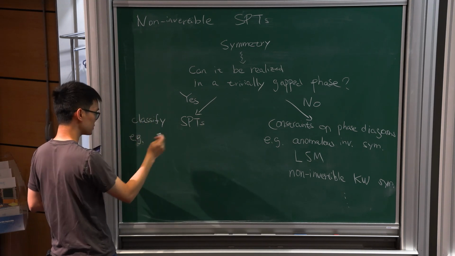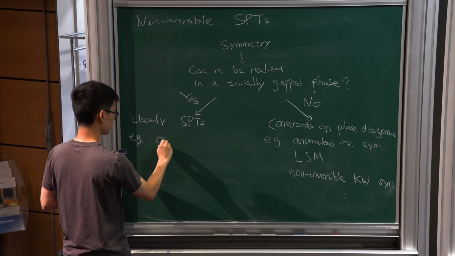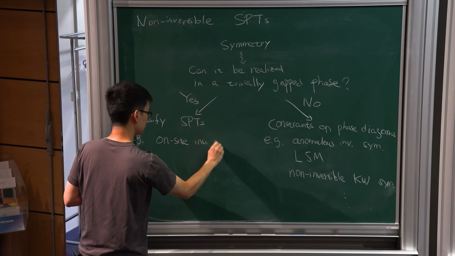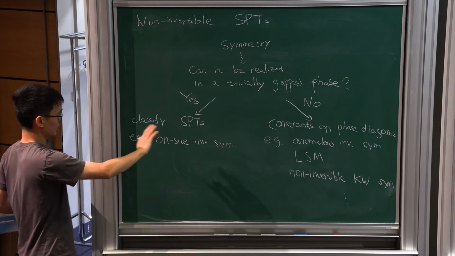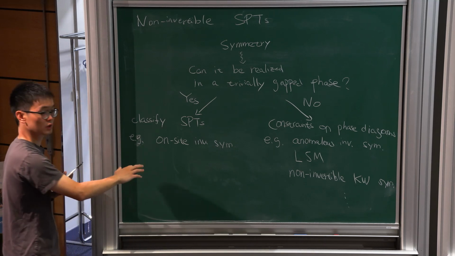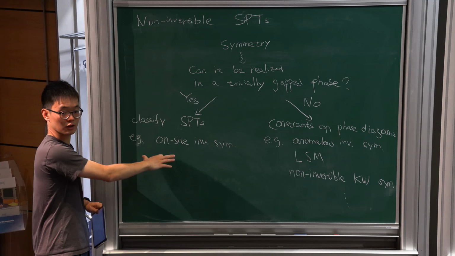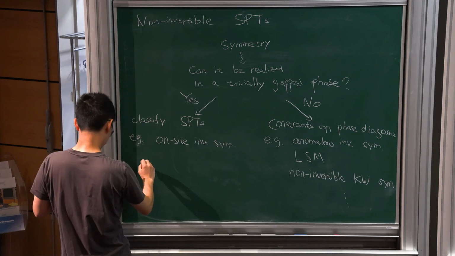And this was the question asked for the invertible symmetry. So for ordinary on-site invertible symmetries, you can go ahead and classify the SPTs. And for the rest of my lectures, I will talk about the counterpart of this for one particular non-invertible symmetry.